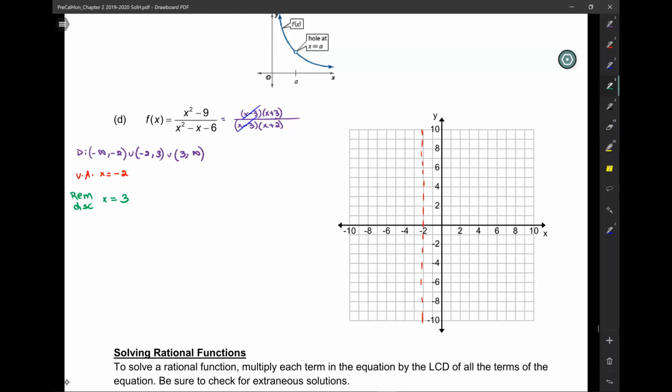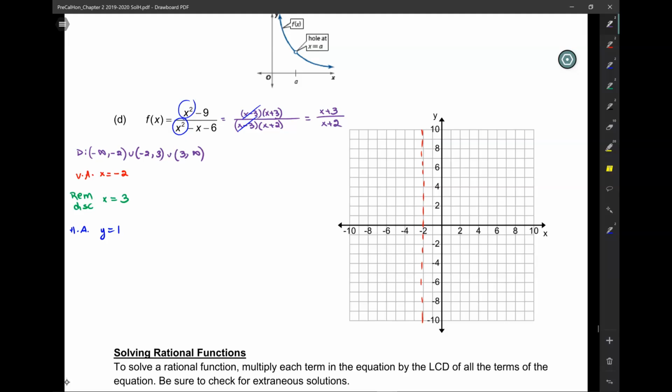Okay, for the horizontal asymptote, I do like to go back to the original function, and it's y equals 1. Now, when all is said and done, this function up there reduces to x plus 3 over x plus 2.